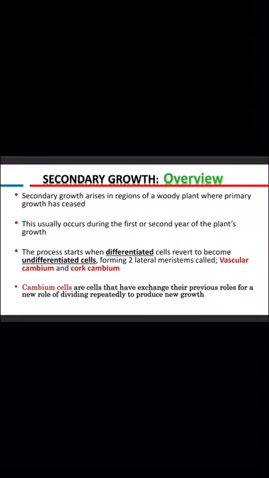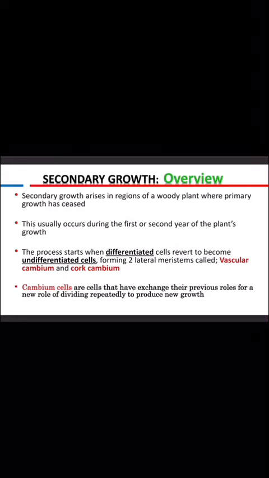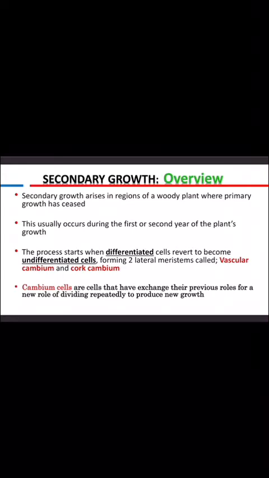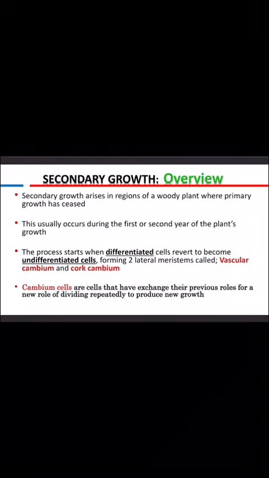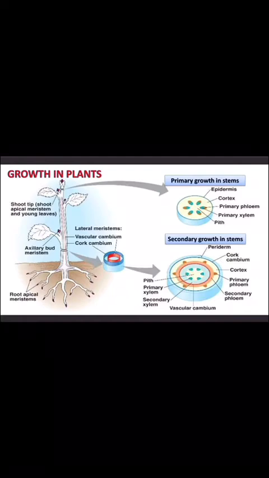That means it is adding to the girth. And secondary growth arises in regions of woody plants where primary growth has ceased. What is important is secondary growth starts only when undifferentiated cells are formed. Now look at this point. The process starts when differentiated cells revert to become undifferentiated cells, forming two meristems called vascular cambium and cork cambium.